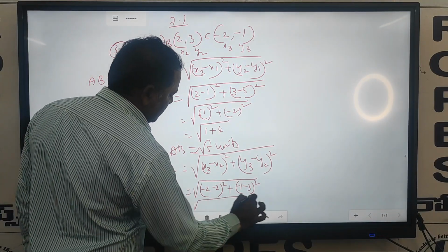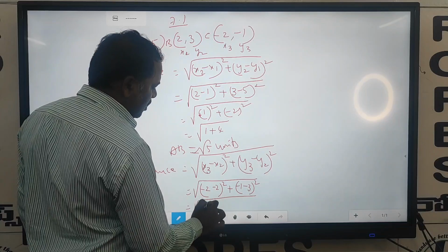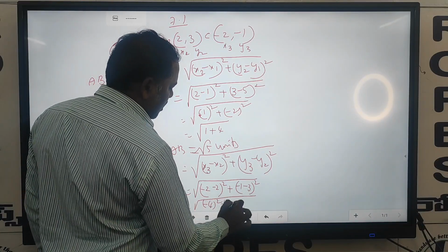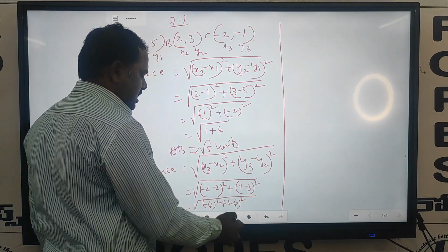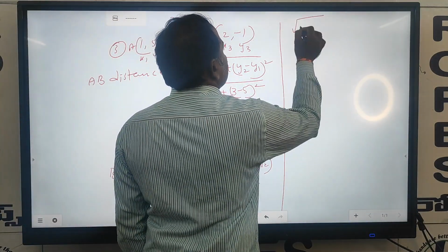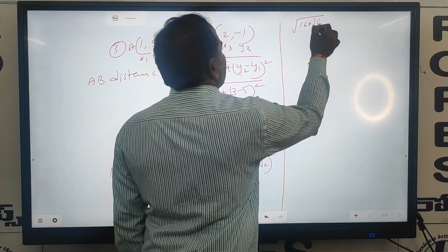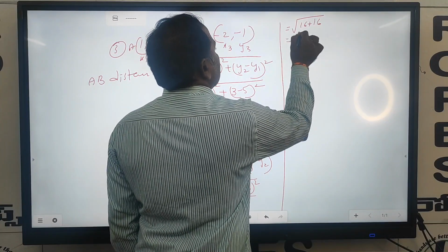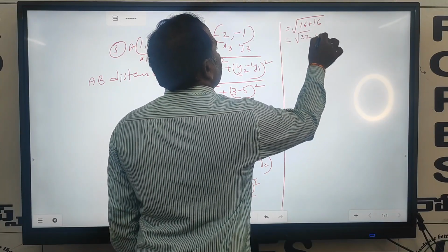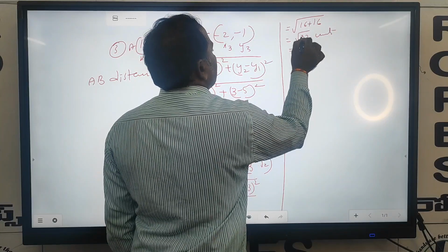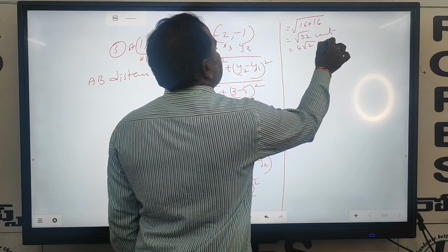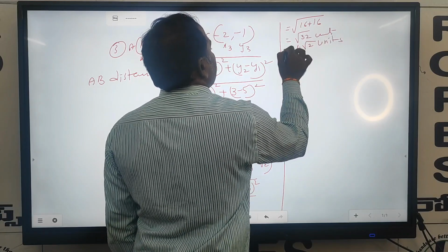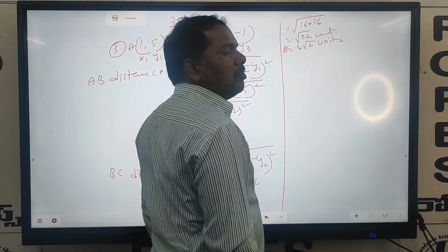That is minus 4 whole square plus minus 4 whole square, 16 plus 16, equal to root 32 units. Again we can write that as 4 root 2 units. That is BC.